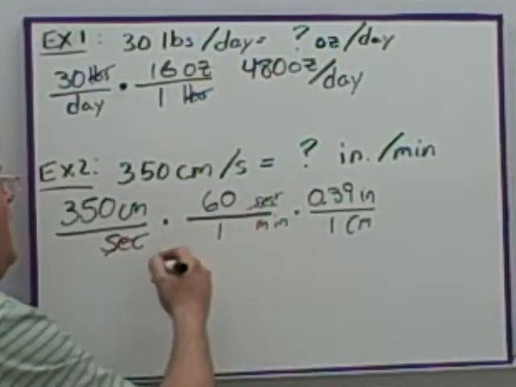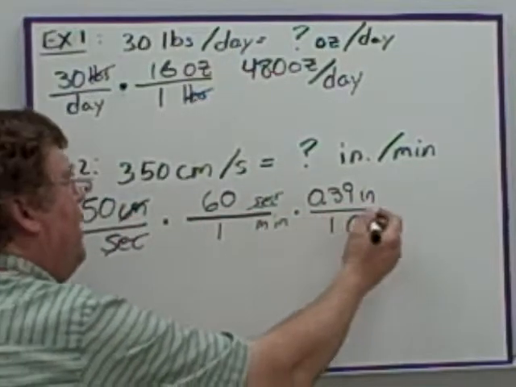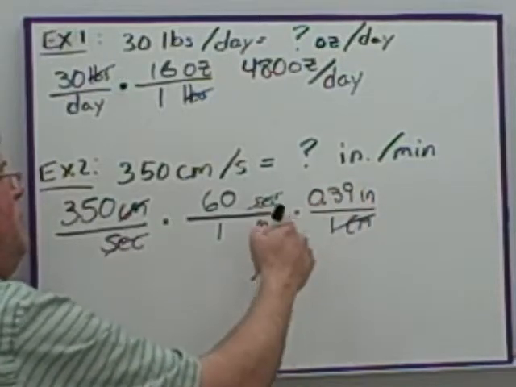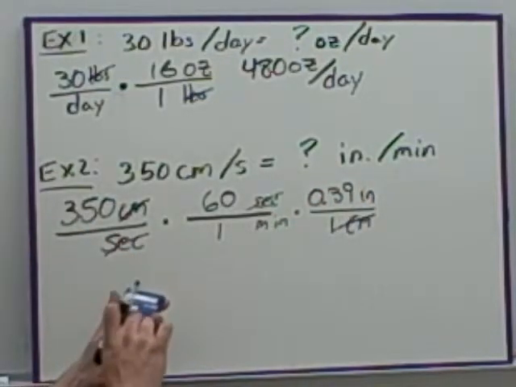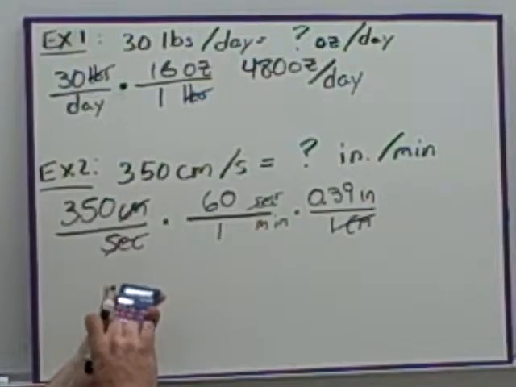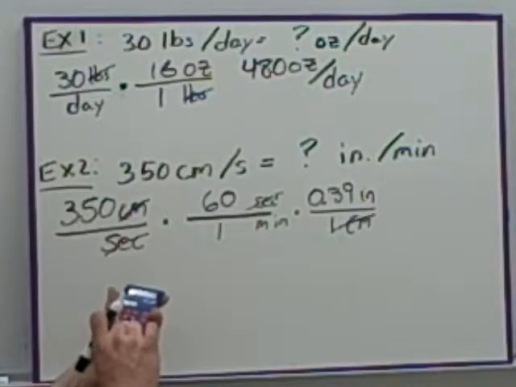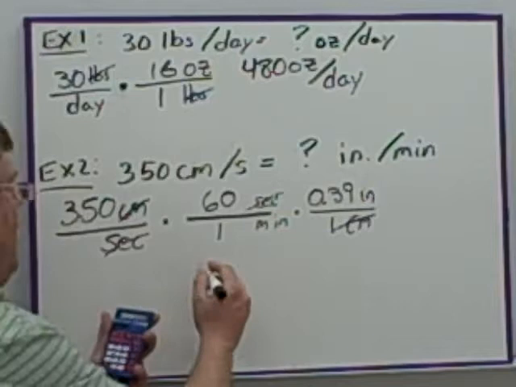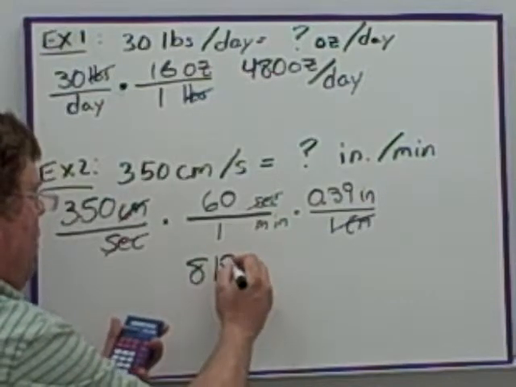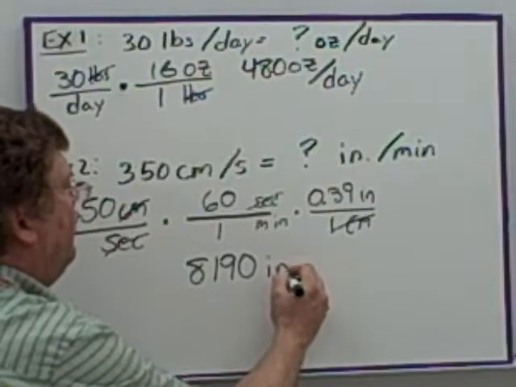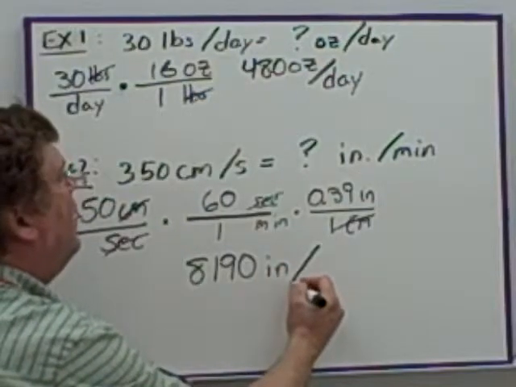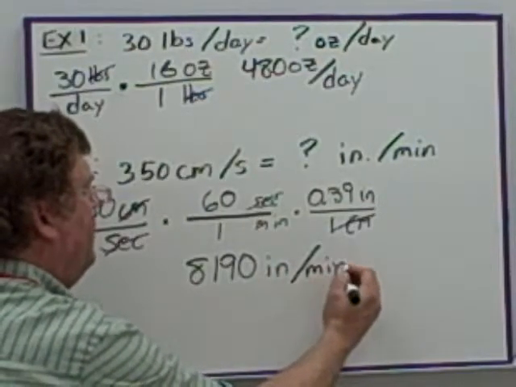I'll cancel out the seconds, cancel out the centimeters, I'll be left with inches per minute. So if I do 350 times 60 times 0.39, I get 8,190 inches per minute.